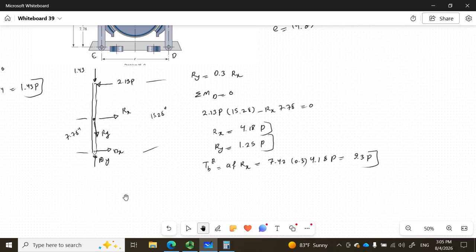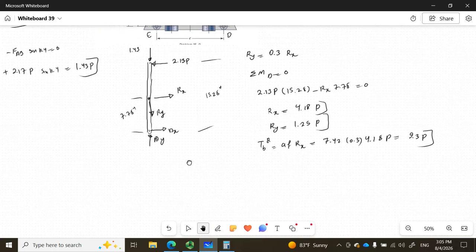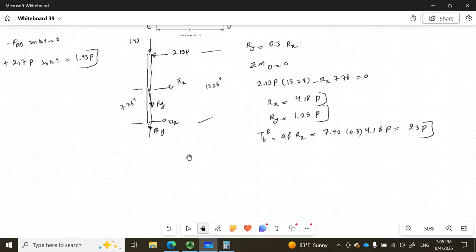Alright, but the problem was asking for other forces too, so DX and DY. How do I find those? Summation of forces in x direction must be 0. So DX is going to the right, Rx is going to the right. Who else? 2.13P is going to the left.